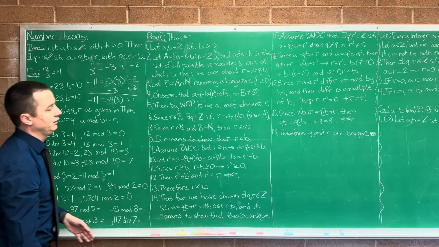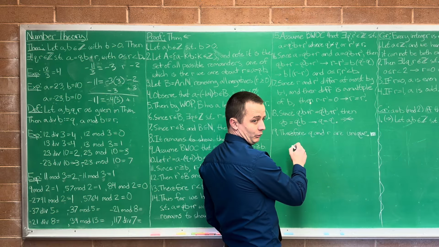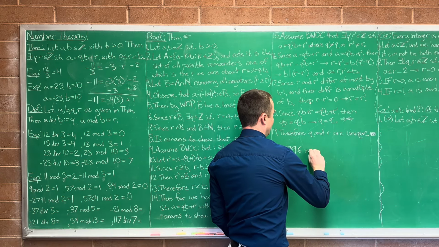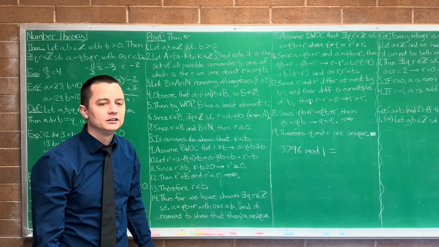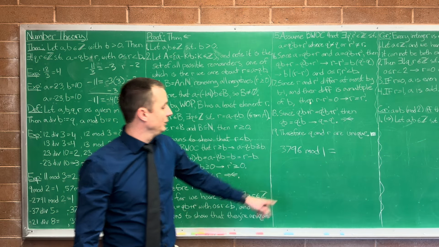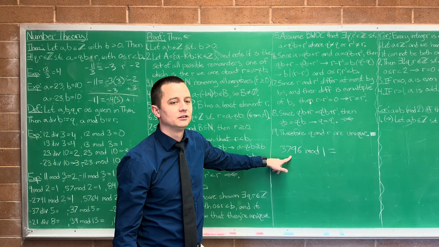Let me write one trick question really quick for whoever's next. You get the trick question. What's 3,796 mod 1? How many times does 1 go into 3,796? 3,796 times.